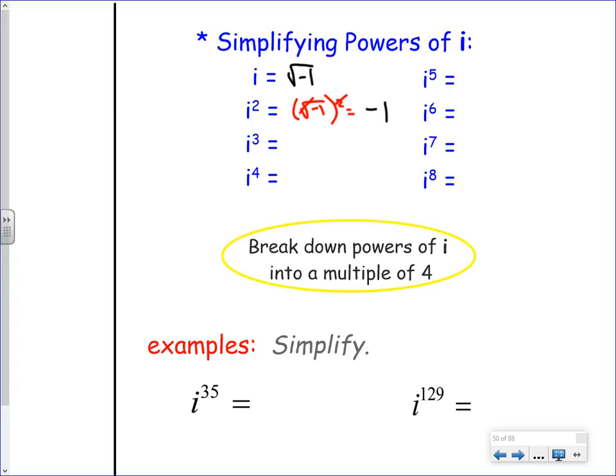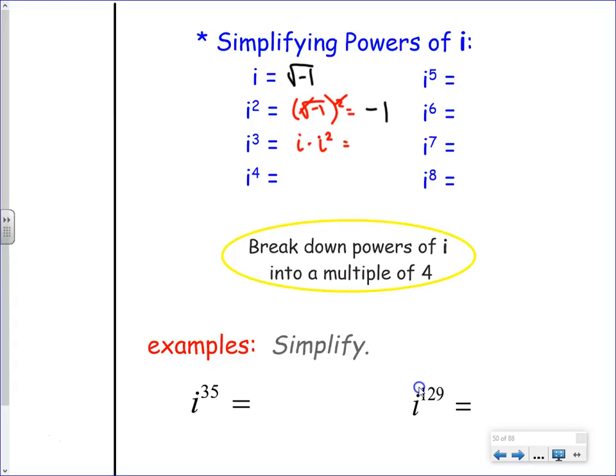i cubed. Let me show you a different way of writing it. What if I made it i times i squared? i times i squared is i cubed. Negative 1 times the square root of negative 1.